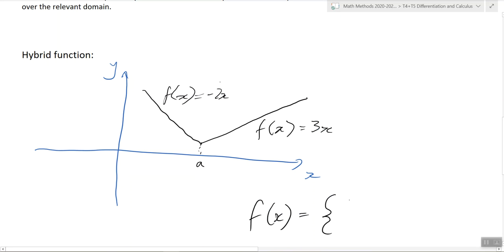Does this look familiar? Hopefully. And at some point, x is equal to that point, and x is less than that point. Okay?